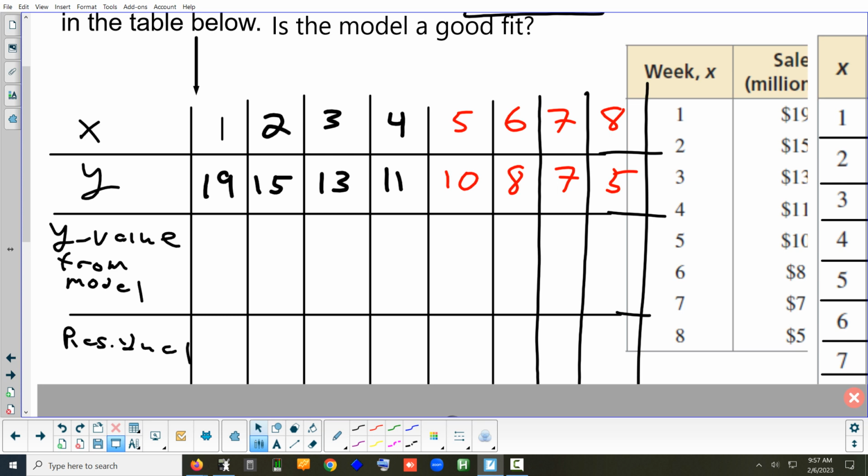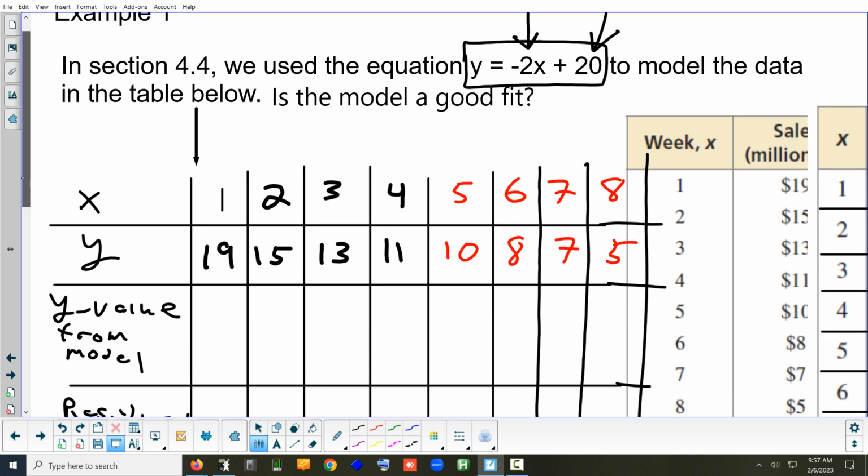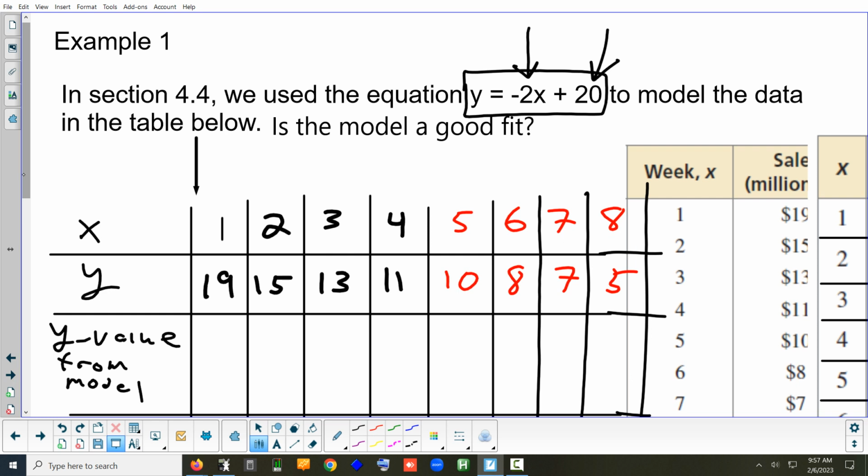All right, now we're going to pretend like somebody took all these points, made a scatter plot, and drew a line to the points the best they could, and they found the slope and the y-intercept for you, and that's what they came up with. So that's the formula for the line that goes through those points.